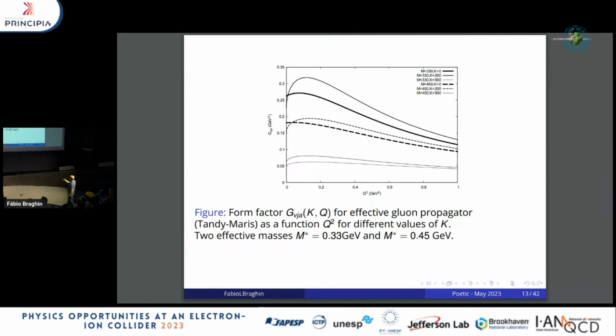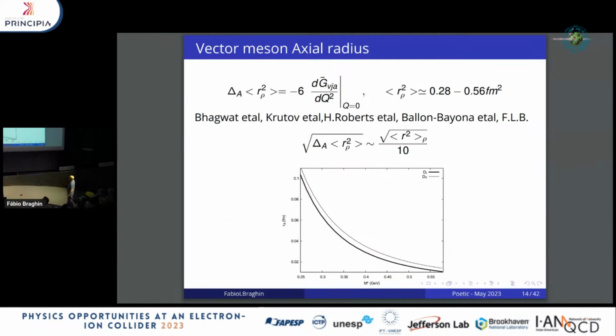At higher energies, there should be further contributions from other processes. And also from this form factor, we can extract an axial quadratic average radius for the rho and for the omega. They are very similar. This is the value of the quadratic average radius extracted from the same method I was calculating. That's in the range calculated by other people.